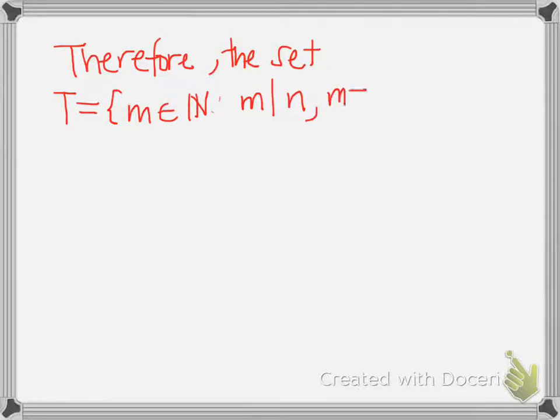However, m doesn't equal n, and m cannot equal 1. So therefore, the set T is non-empty, because we're assuming n is composite and has factors other than itself and 1.